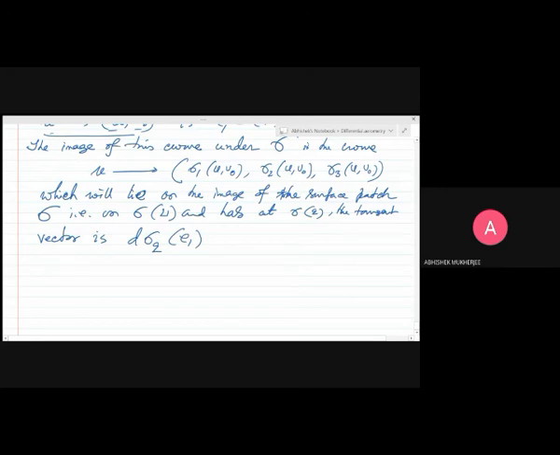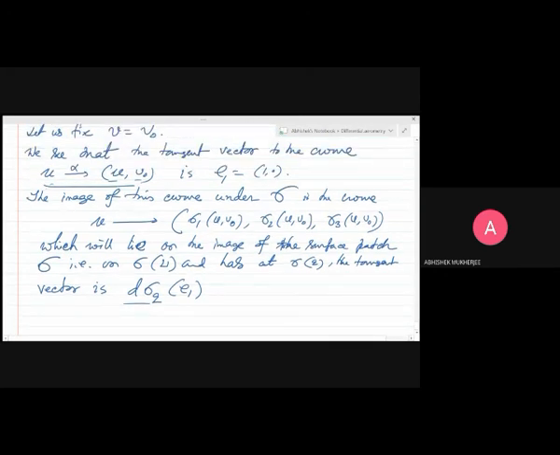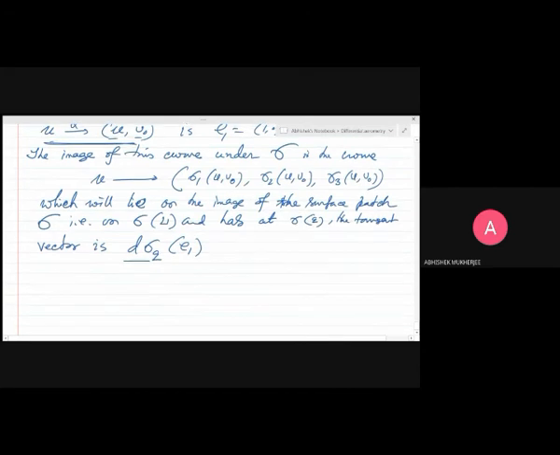With respect to the definition of the differential d sigma q from R2 to R3, because it will map the tangent vector at q of this curve to the tangent vector at sigma q, which is d sigma q of u1. And what is that? What will be your d sigma q?